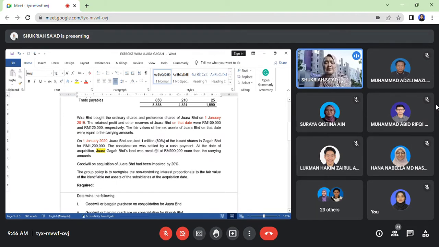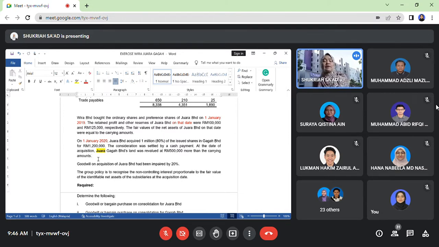So on this date, dia kata Gagah land was revalued at 500,000 more than carrying amount. So this is adjustment with regards to revaluation. Okay? Boleh kelas? With regards to revaluation. Okay?